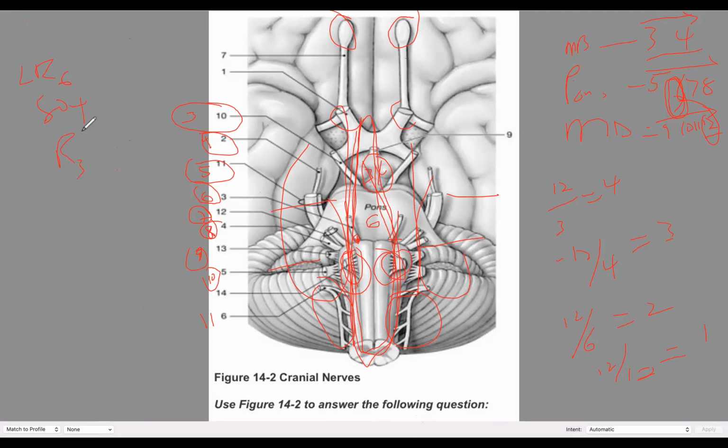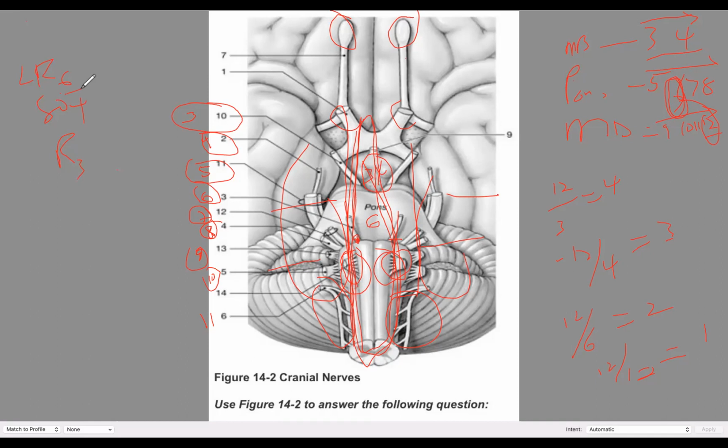So once the patient starts presenting with a lateral rectus problem, you know that lateral rectus moves the eye laterally. So if the person cannot move the eye to that side, then you know this is where the problem is coming from. You'll be able to tell, right?